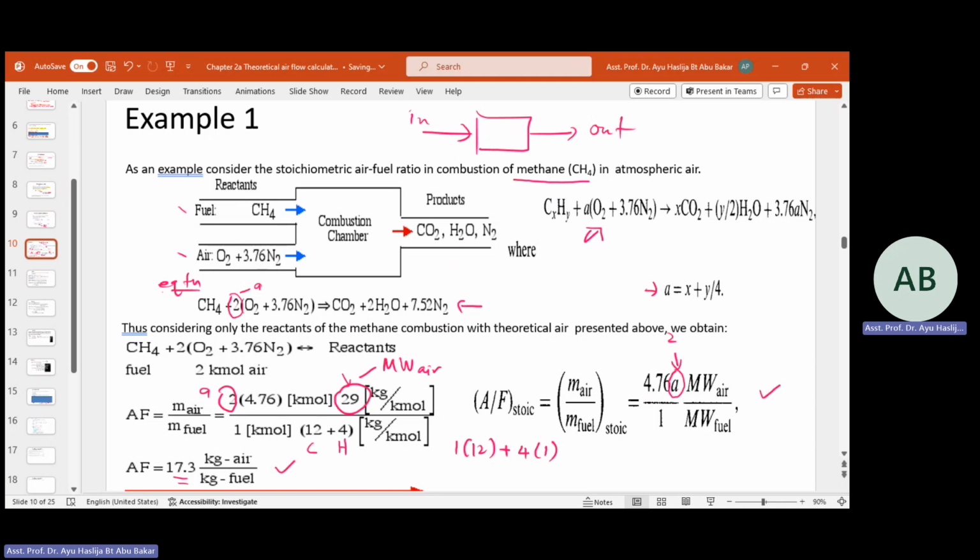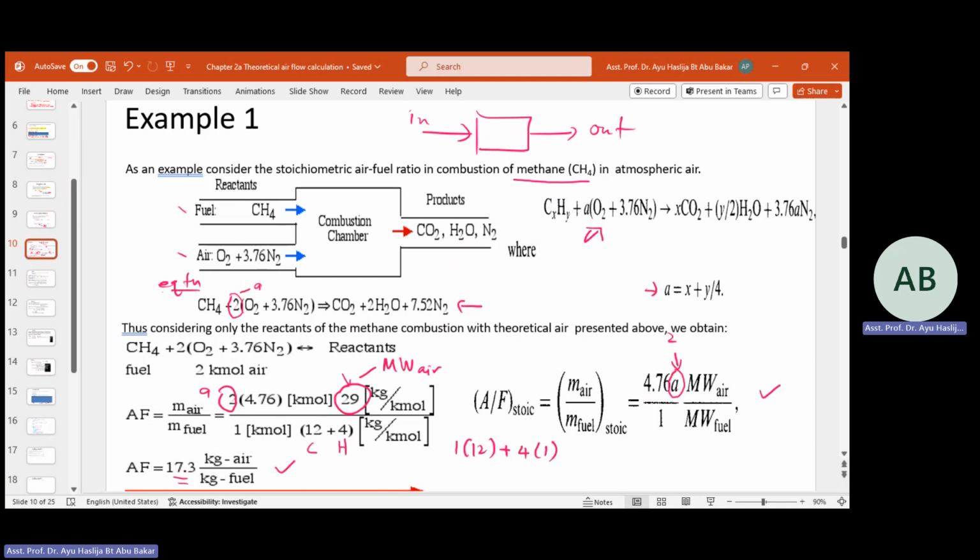If supply 17 only, incomplete, less air, not enough air. If you supply 18, excess air.